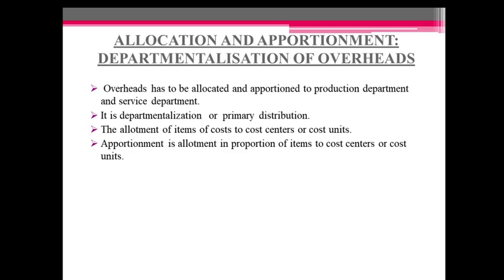Now see the allocation and the apportionment, the departmentalization of overheads. Departmentalization of overheads means these overheads are to be allocated and apportioned to the production departments and the service departments.